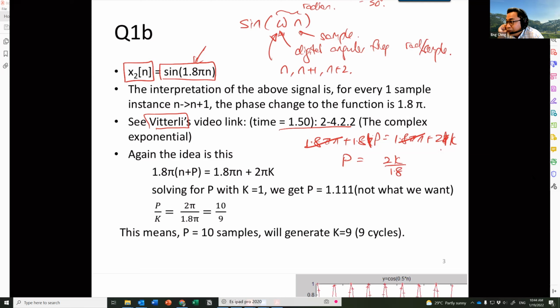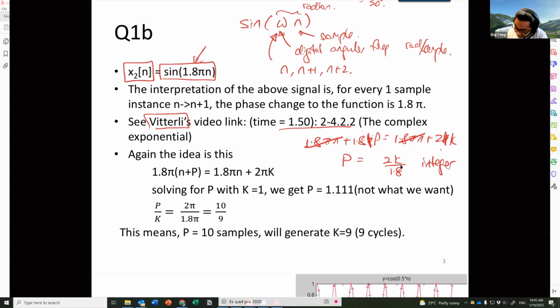Now, this is a very strange thing because we know that we need p to be an integer, and if you substitute k equals 1, it wouldn't make sense because it's 2 divided by 1.8. So what is the smallest k that we can find?